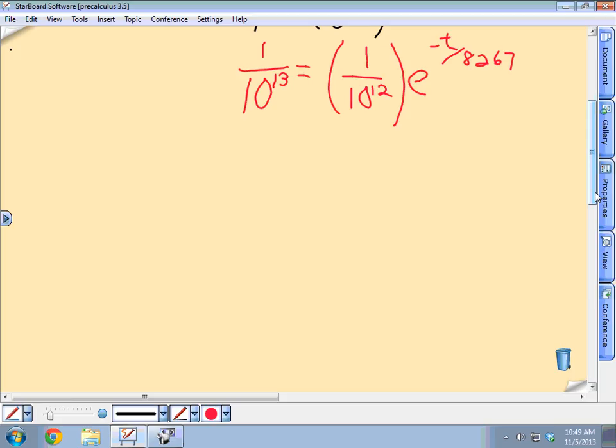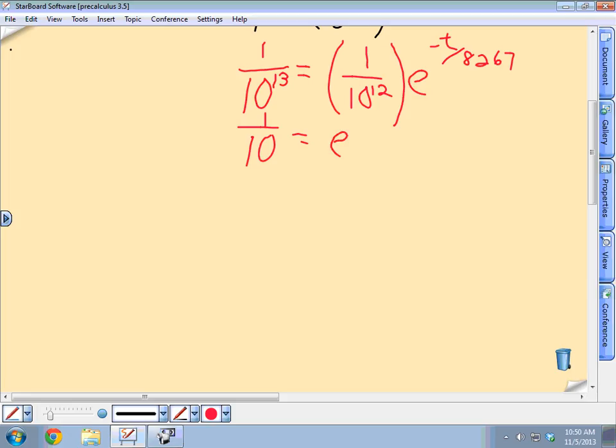So over here you get 10 to the 12 over 10 to the 13, which is 10 to the negative 1, 1 over 10. And that is equal to e to the negative T over 8267.